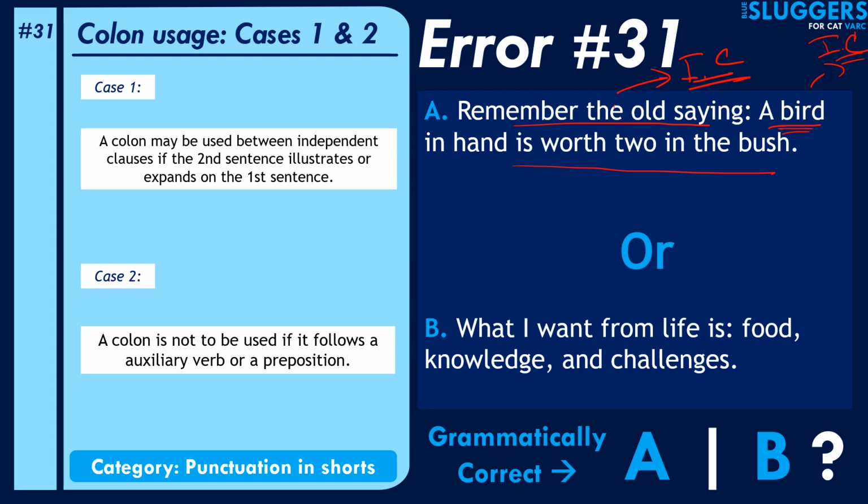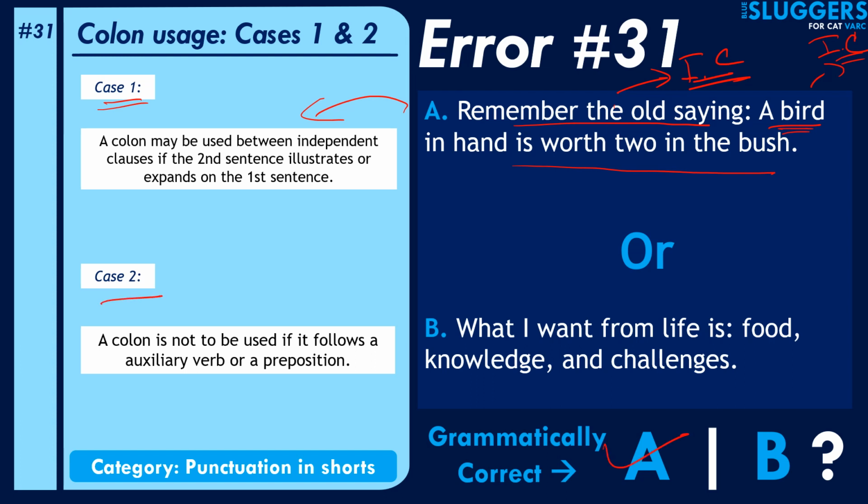Because the first one says remember the old saying, and the second one happens to be that old saying. So it's elaborating on that, illustrating that a bird in hand is worth two in the bush, and hence it does fit into the rule mentioned in this first case of proper colon usage. So it will be considered as correct.